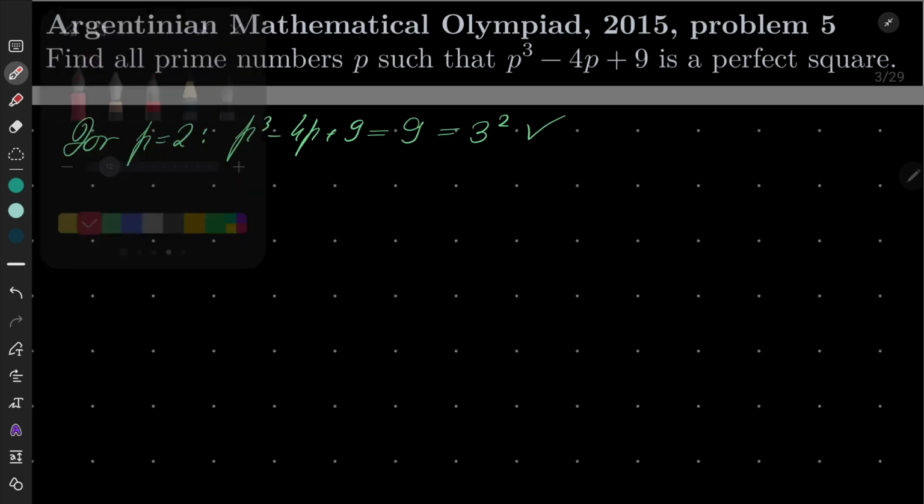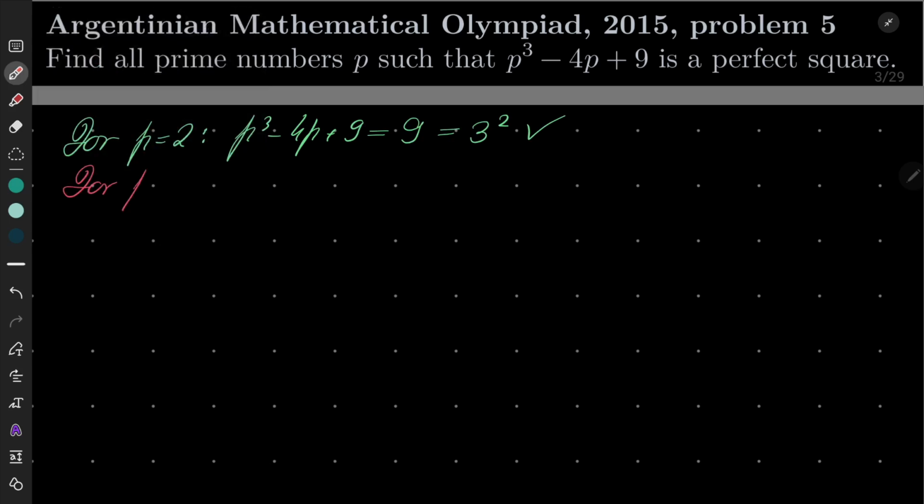Satisfies conditions. If p equals 3, on the other hand, we have the following. 3 cubed minus 12 plus 9. 27 minus 12 is 15. 15 plus 9 is 24. It is not a square.